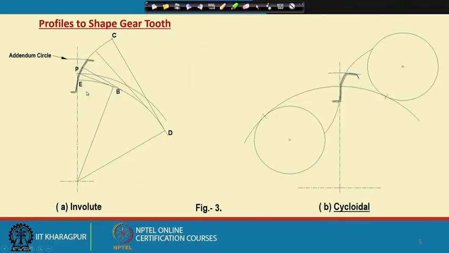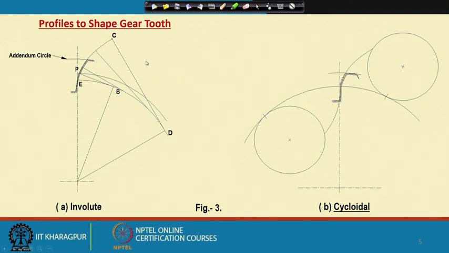So, an involute tooth will look like this, generated on a drum, and the tooth should be of a specific size such that when one pair is out of touch, the other pair will be engaged.